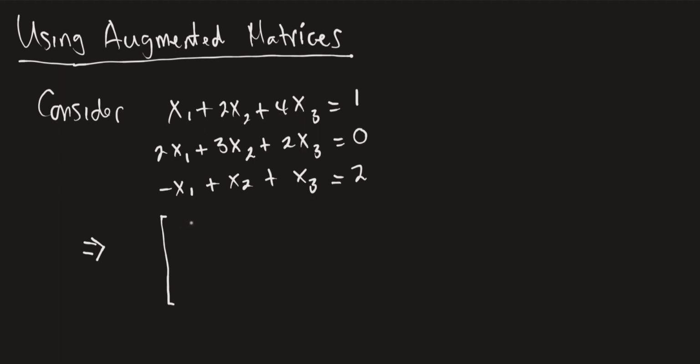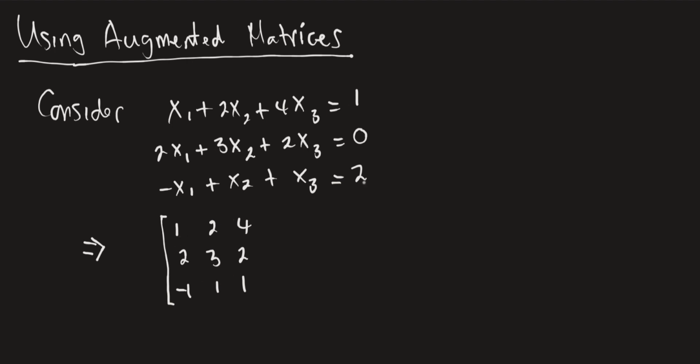So the coefficients in the first equation are 1, 2, 4. Coefficients in the second equation, 2, 3, 2. Coefficients in the third equation, negative 1, 1, 1. But again, remember, that's only part of the information in a linear system.